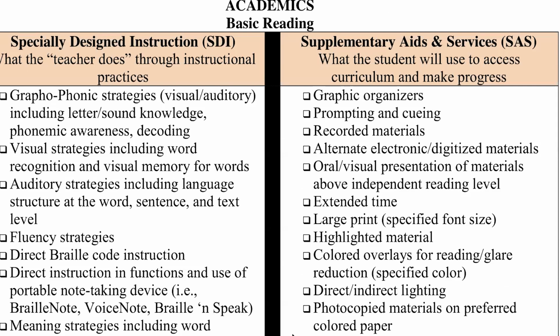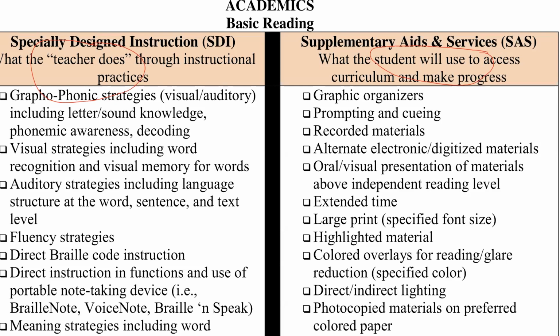Here's some things on the left-hand side of the page, the special design, what the teacher does, and then here's what the student needs. So it really has that broken down well for you, and it helps put you into a ballpark of where you can do your own background reading, and you can really dive in. And we've got those other strategies linked for you, and you can really understand what it is you're doing when you're developing this IEP to meet the unique needs of the student.